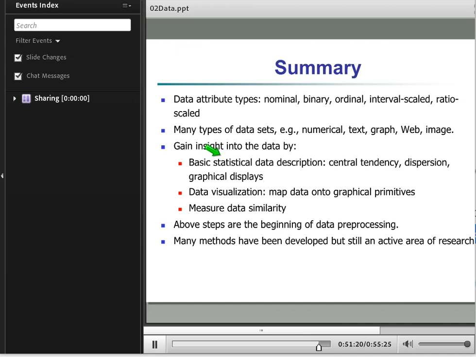Now, we are standing at the first position of the data preprocessing step. As we talked about in chapter 1, before entering into data mining techniques, we have to preprocess data. In chapter 2, we learned how we can stand in the first position of data preprocessing.